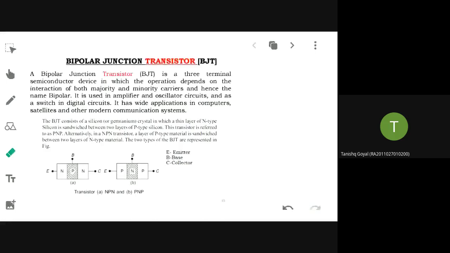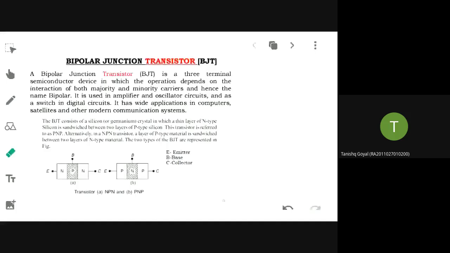Then what are the three regions of operation for a BJT? One is active, other one is saturation, and third one is cutoff. So what are the applications when it comes to BJT? Amplifier and switching application. When will it act like an amplifier and when will it act like a switch?